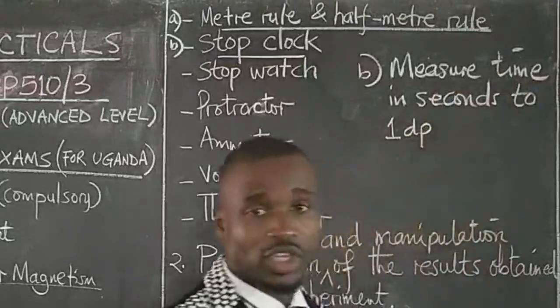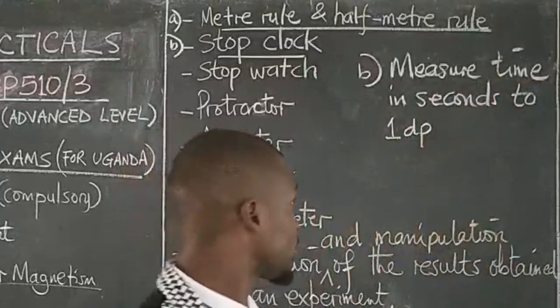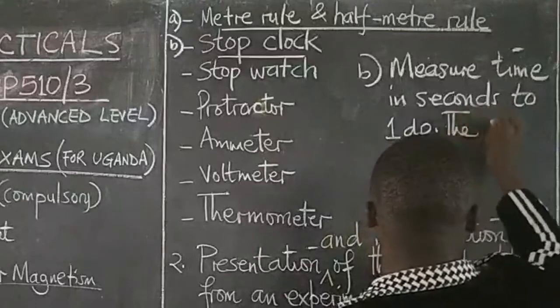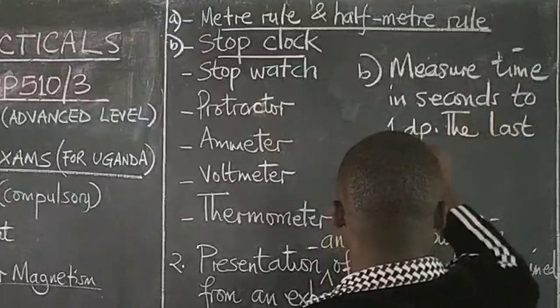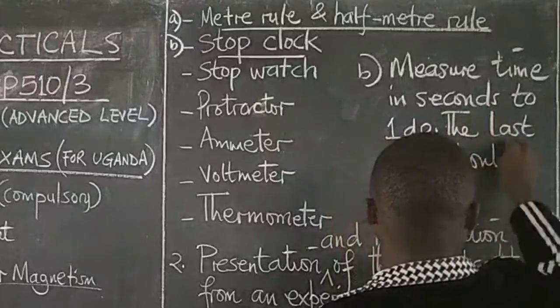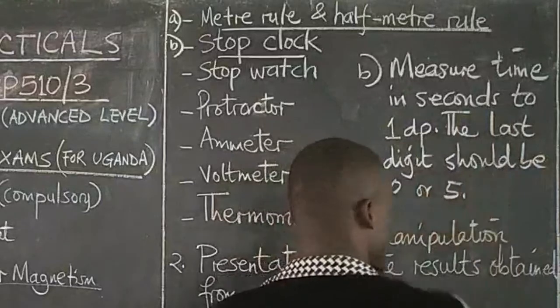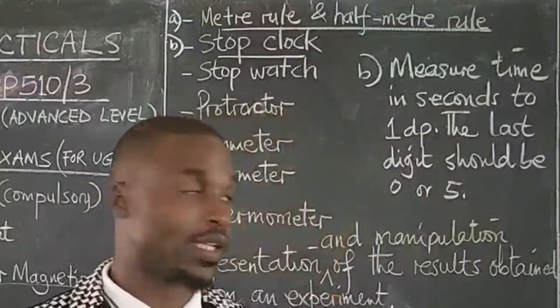Now, you measure your time in seconds to 1 dp, but understand that the last digit should be a 0 or a 5. The last digit should be 0 or 5, strictly that.